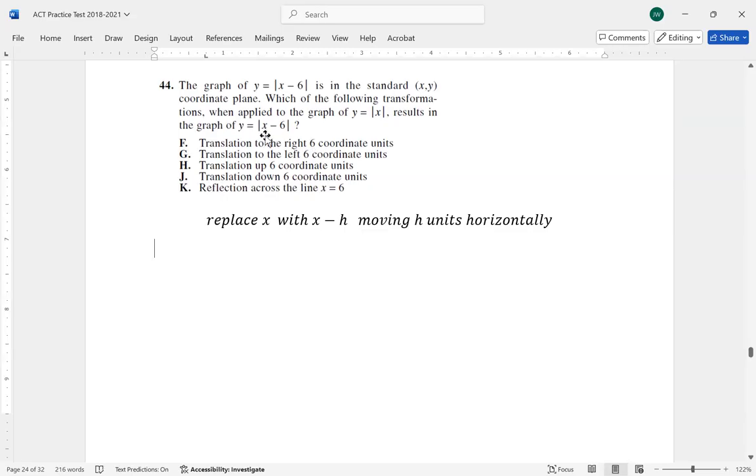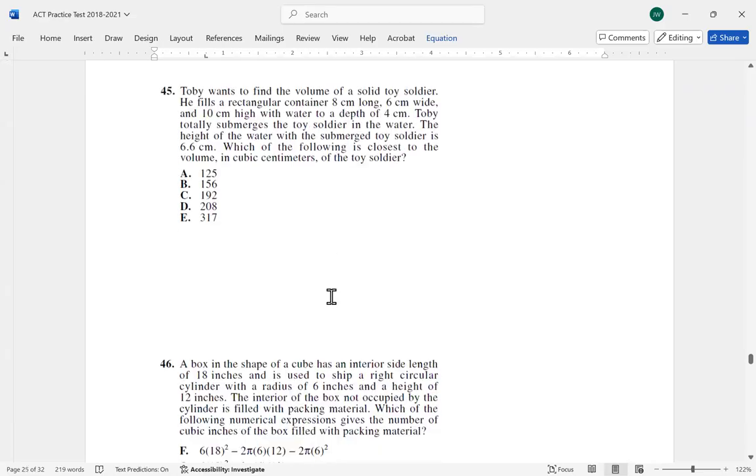In this case, we're doing x minus 6, so I'm moving 6 units horizontally. Since that's a positive 6, it's going to be 6 units to the right. So we're translating right 6 coordinate units, and that is option F. So option F is the answer to question 44. We're moving 6 units to the right.